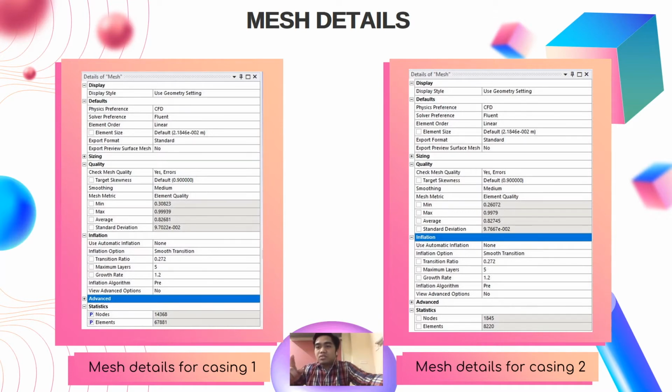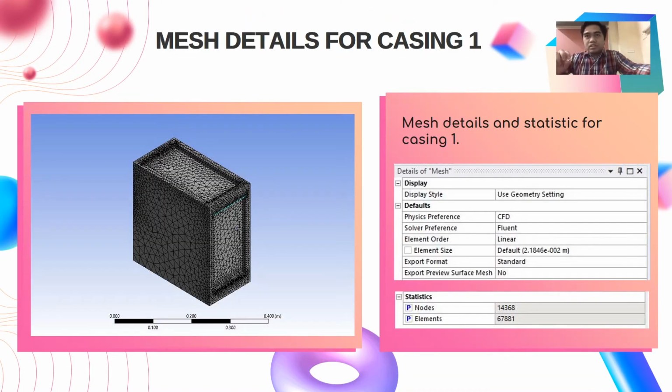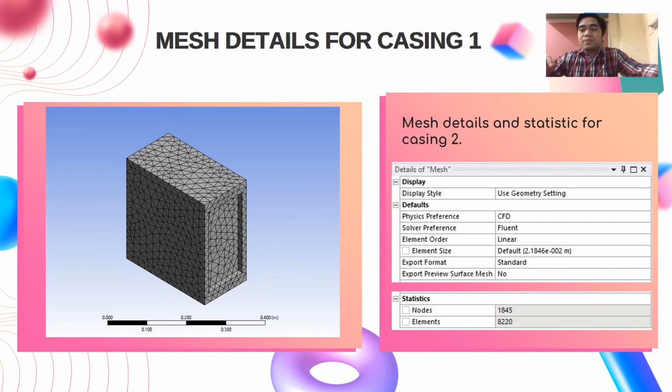And for casing 2, the nodes is 1,845, and the elements is 8,220. For the next slide, this is the mesh detail and the statistics for casing 1. Next is for casing 2.